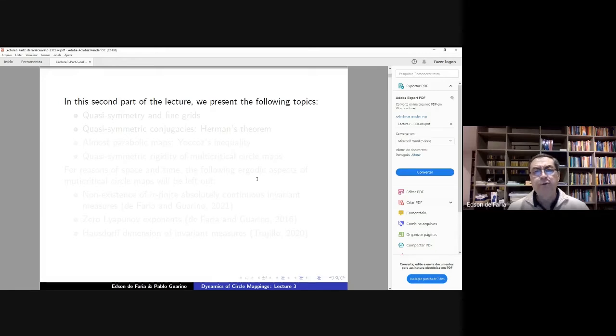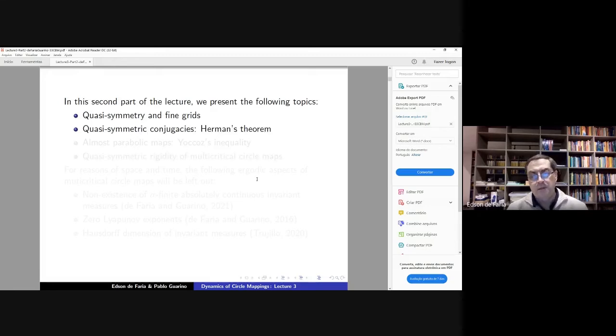So what we will do in this lecture is take an intermediate step, which is to show that these maps are quasi-symmetrically rigid. So we shall present the following topics in this lecture. First of all, I will define what I mean by quasi-symmetric, what are quasi-symmetric homeomorphisms, and we'll give a criterion for quasi-symmetry that involves what we call fine grids.